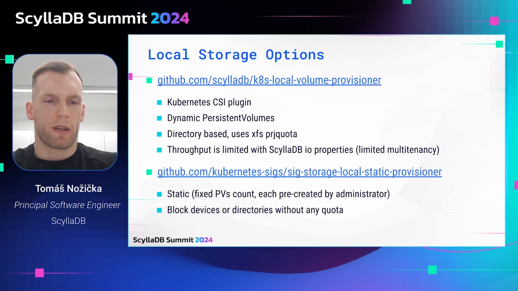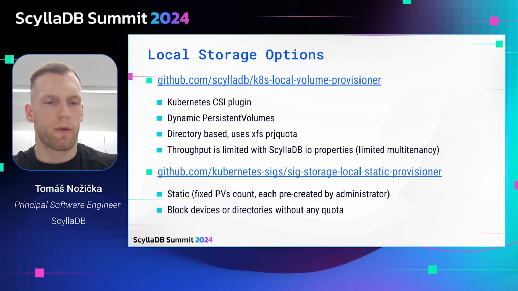And depending on your setup, the throughput is limited with ScyllaDB IO properties. So depending on how you set it up, it may or may not matter for a multi-tenancy concern you may have. The other option is using the upstream SIG storage local static provisioner. As the name says, it's static.